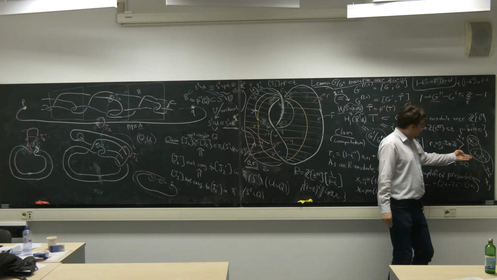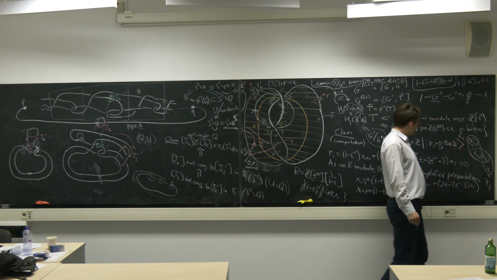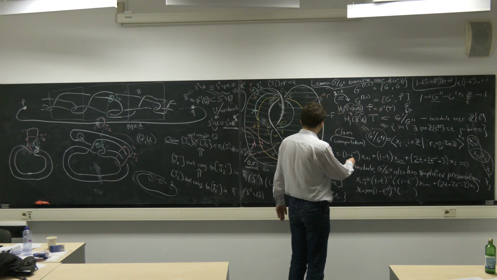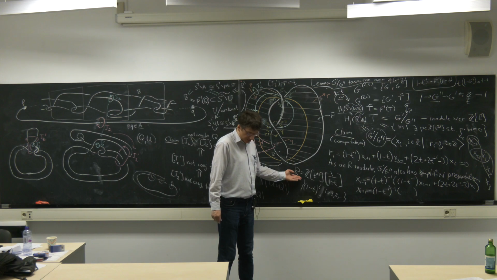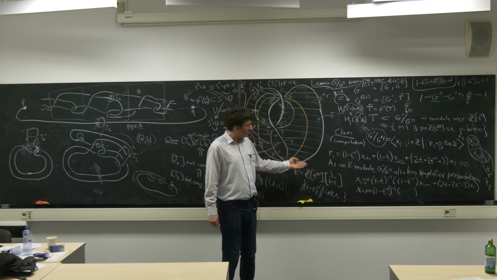So as an R-module, it is a free module on two generators. But in particular, this means that it has no torsion over R. But then it has no torsion over Laurent polynomials.